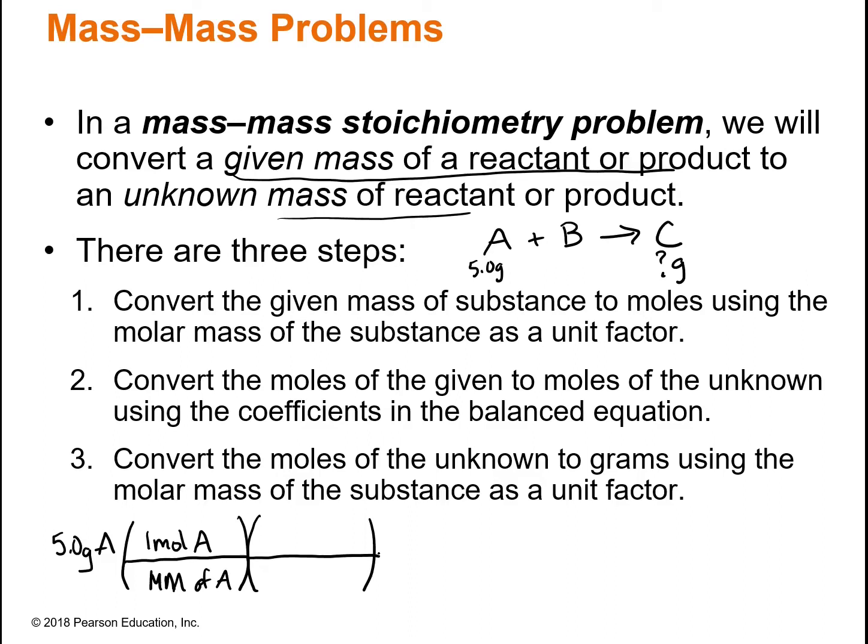The second step is to use a mole-mole ratio to figure out how many moles of A will give you how many moles of C. So that one is always going to change.